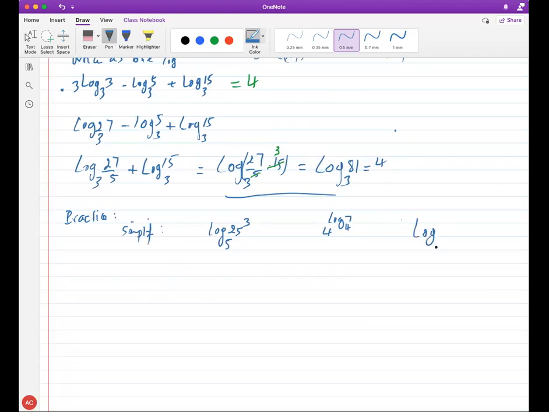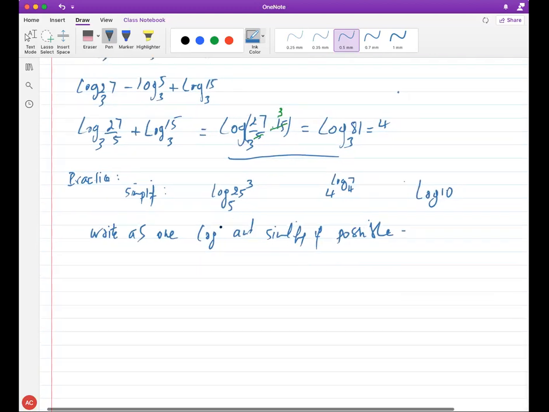Of course, something like this. And write as one log and simplify. What's the third one? Log 10? Yep. Okay, write as one log and simplify if possible.